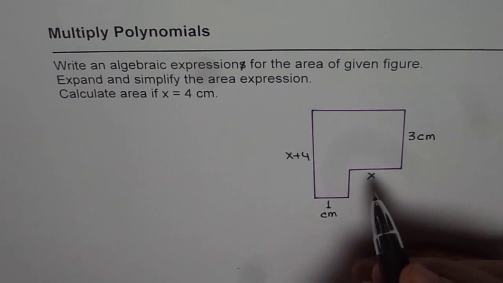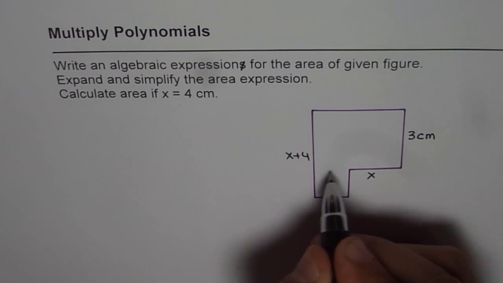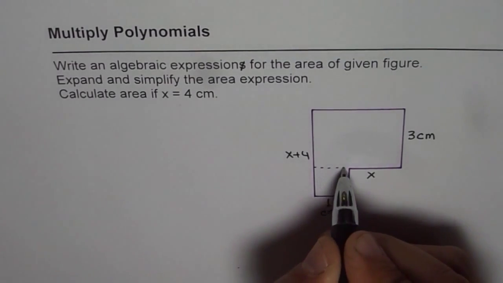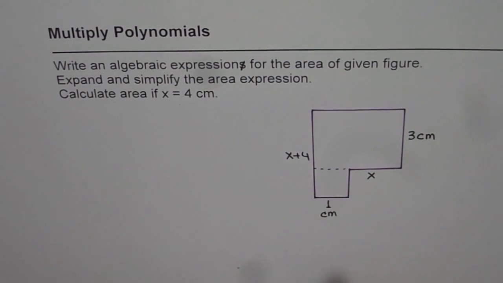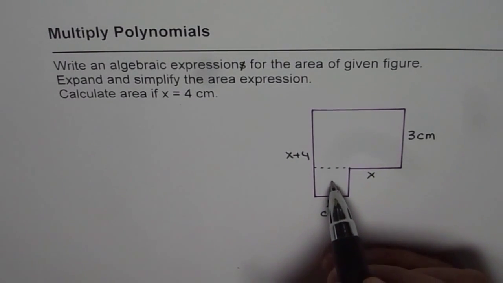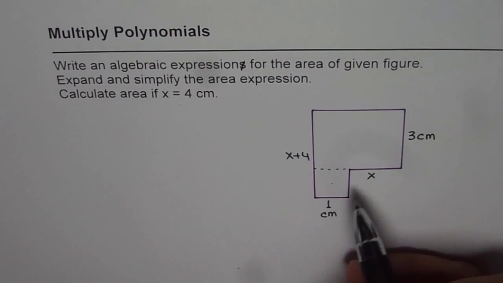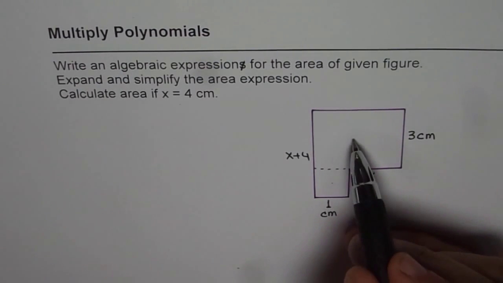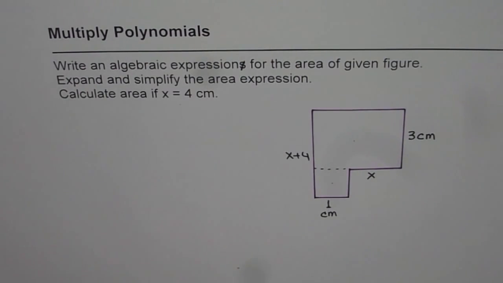To find this area, we can write an equation in two different ways. One, if I draw a line here, then the area of the whole thing will be the area of the small square, I should say rectangle, and the other rectangle. That's one way.